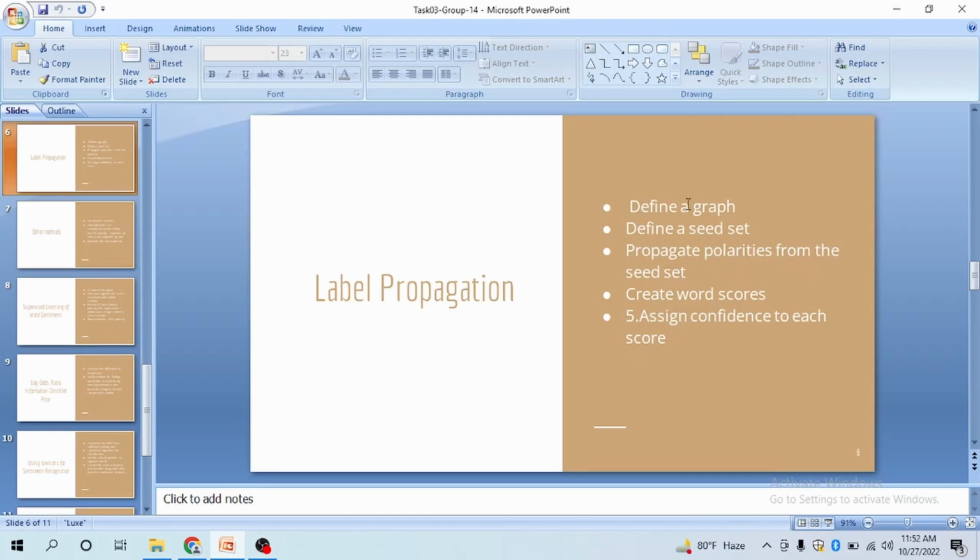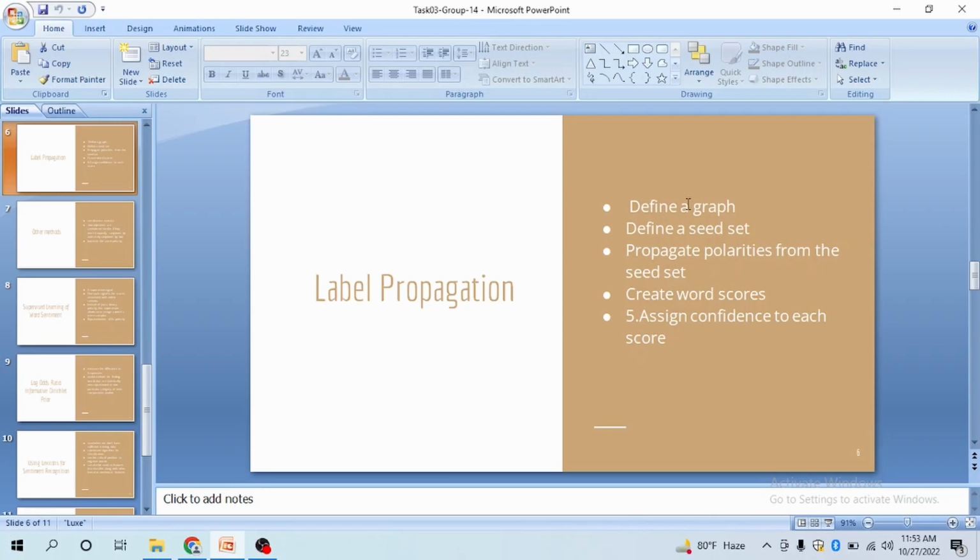We start with a node and then choose a node to move to with probability proportional to the edge probability. Then the fourth one is to create word scores. So we need to walk from both positive and negative seed sets, resulting in positive and negative raw label scores. Then we need to combine these into positive polarity scores.